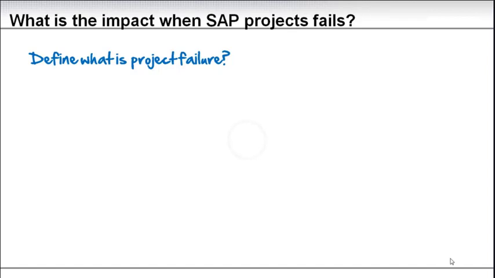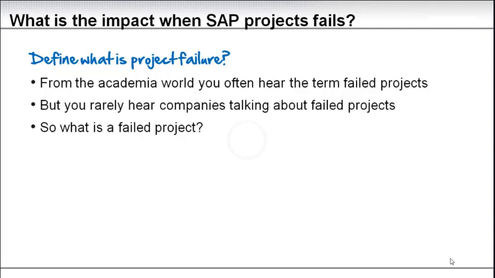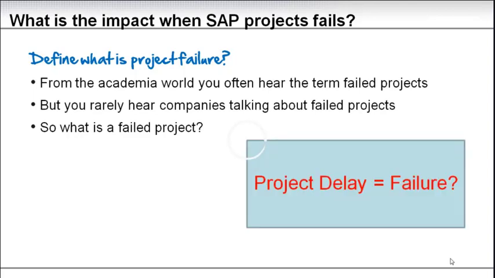But first, let's define what is considered a project failure, to get the terms and terminology right. From the academic world, you will often hear the term failed projects, but you rarely hear companies talking about failed projects. So the question is, what is a failed project? Is it because the project gets delayed? Is that considered a failure?